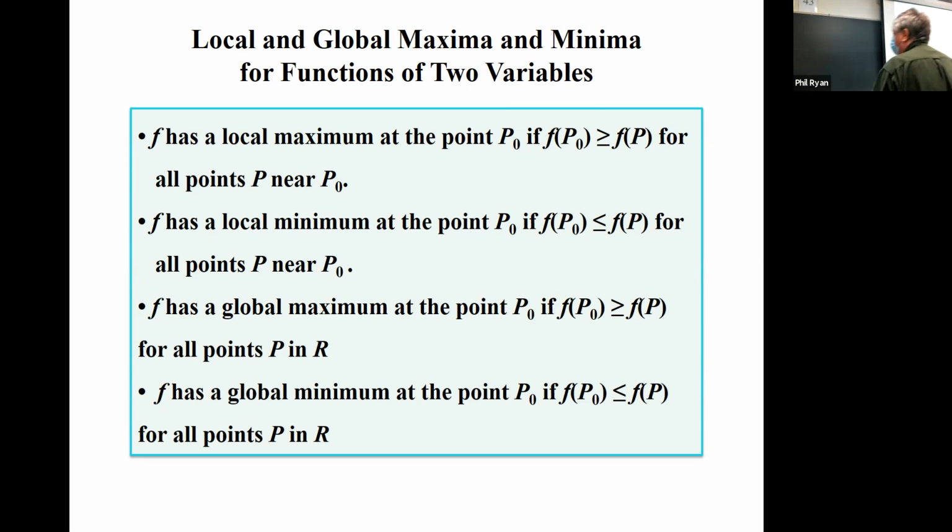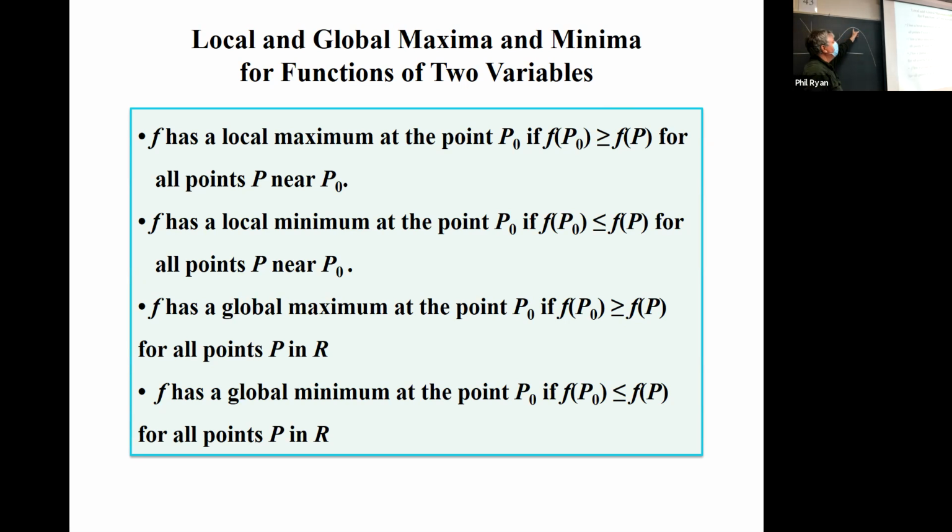So if we have a local maximum, here perhaps, when we had just one variable, we had things that look like this, right? This was a local minimum because there was a neighborhood where this was the lowest point.